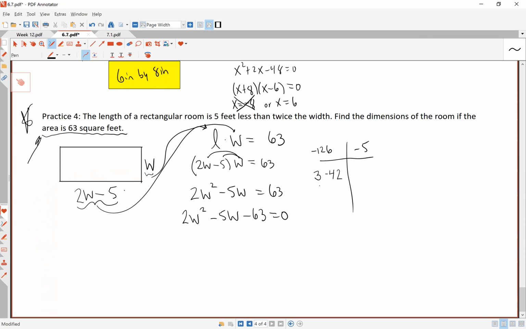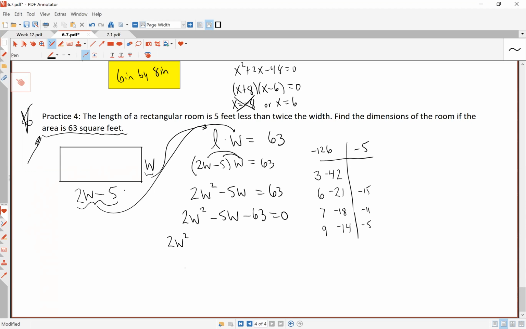4, 5, 6, and 21. That's negative 15. 7 and negative 18 is negative 11. 9 and 14 is negative 5.